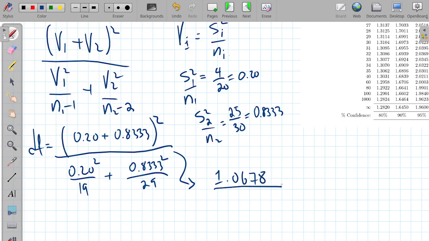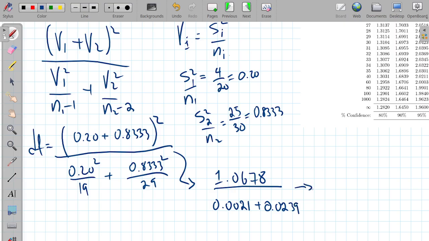Now let's do the denominator. 0.2 squared divided by 19 is a small number, 0.0021. And then we have 0.8333 squared divided by 29, and we get 0.0239.